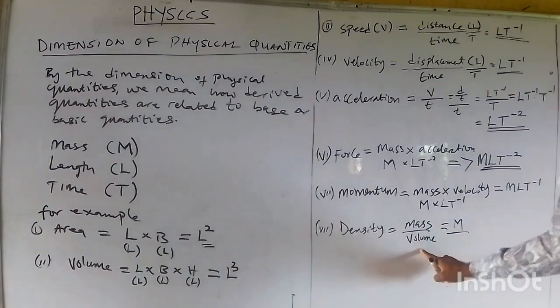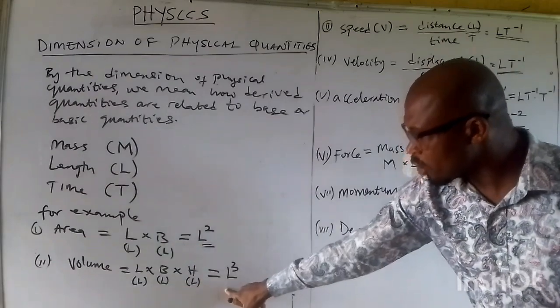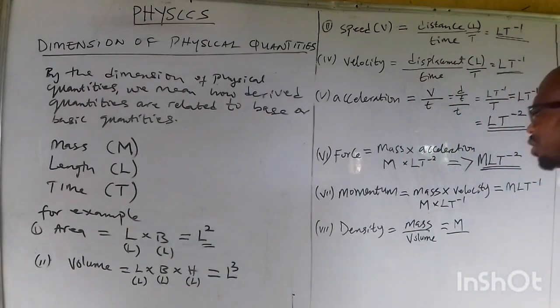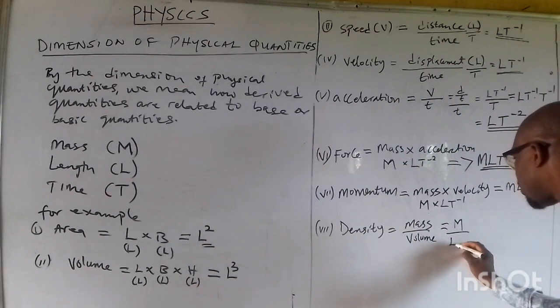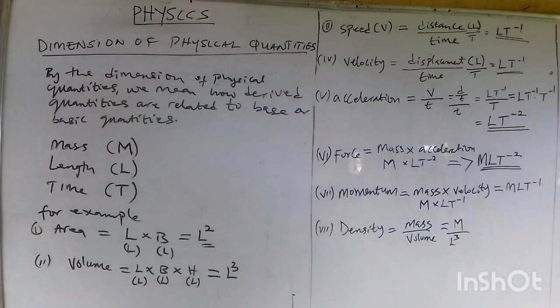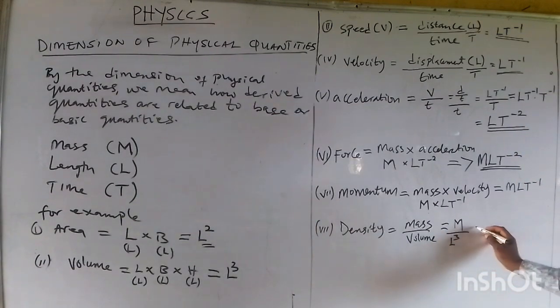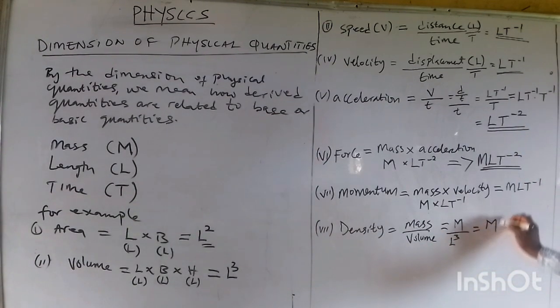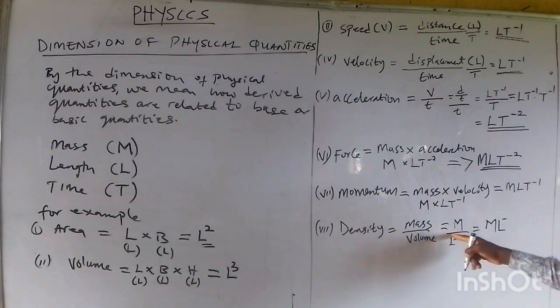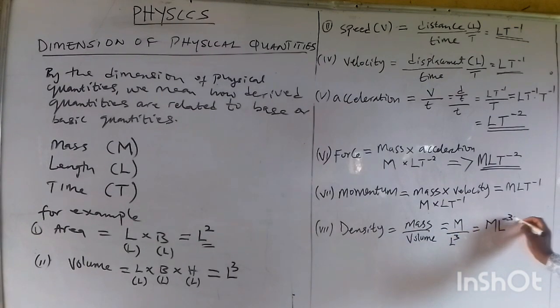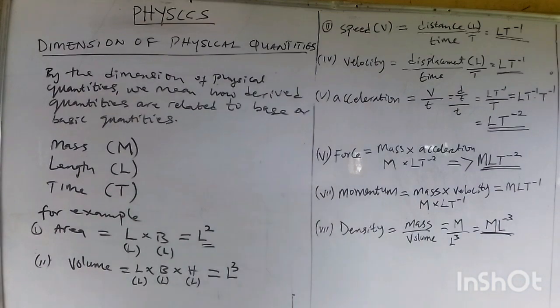We have gone through the process before, so volume is expressed as L raised to power 3, L cubed. Now, we bring this one up. If we bring it up, we have mass here, L raised to power, of course, once it comes up, the sign changes, because here is positive 3. It will now change to negative 3. So, this is the dimension for density.